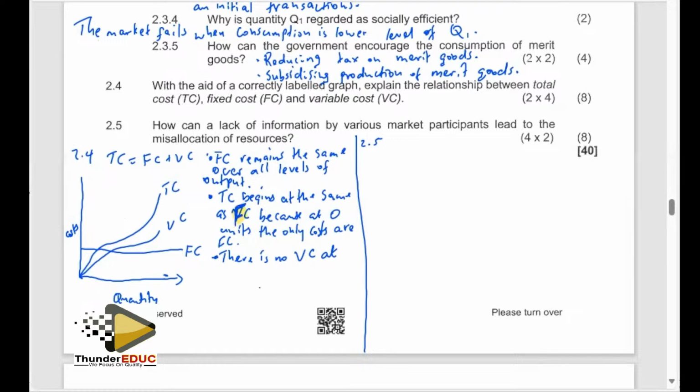So there is no variable cost at 0 units of output, as when nothing is produced.